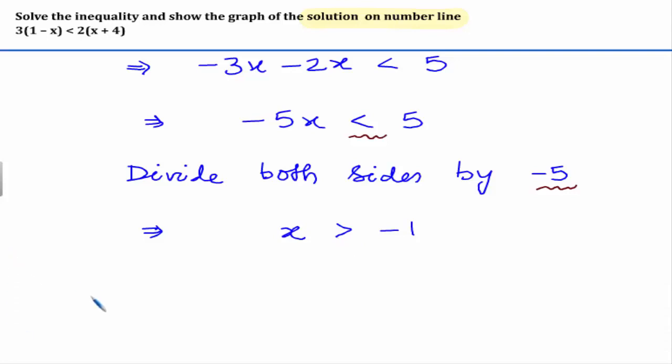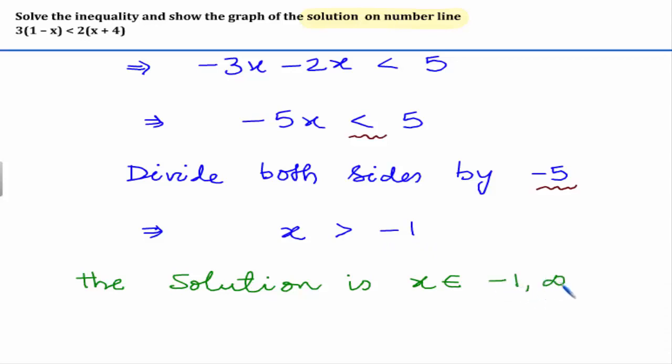So therefore the solution is x belongs to, here it is greater than minus 1, therefore minus 1 to infinity. And the solution does not include minus 1, therefore we take left side also open.